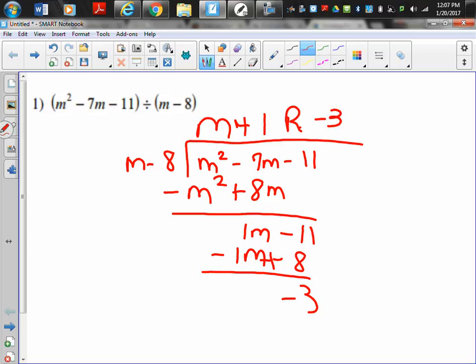We are back just like in elementary school when we were doing long division. So the answer is m plus 1 with the remainder of negative 3.